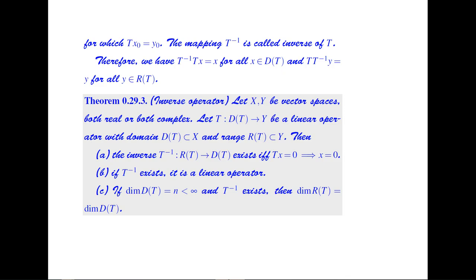Second part, if T inverse exists, it is a linear operator. And third, if the dimension of the domain of T is equal to n and T inverse exists, then the dimension of the range space of T is equal to the dimension of the domain space of T.